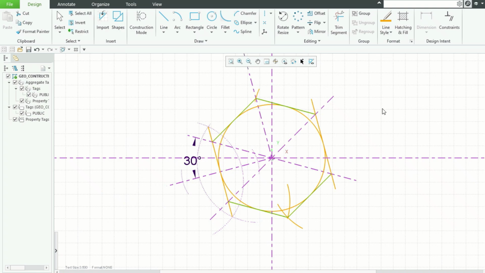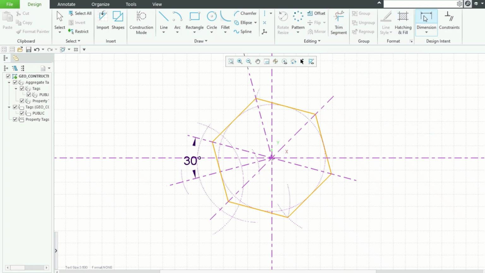The rest are all our construction elements. Let's convert this into a construction element. Let's delete the segments.